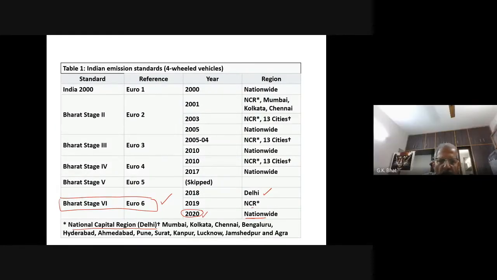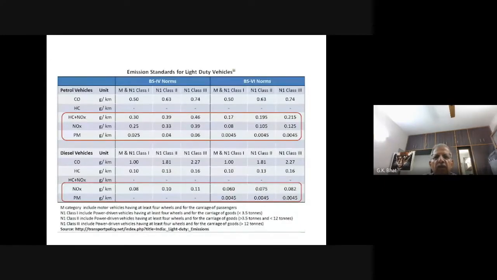Euro 6. So, according to Euro 6, look here, this is what Euro 6 measures. What are the Bharat Stage 6 norms? A petrol-using vehicle can have, of course, there are 3 classes here. Class 1, Class 2, Class 3. Class 1 includes power-driven vehicles.